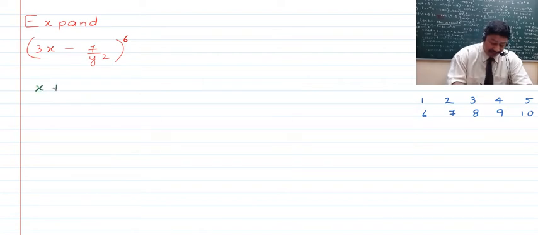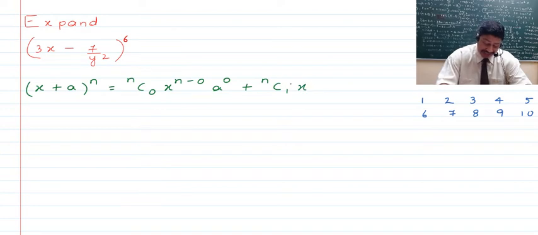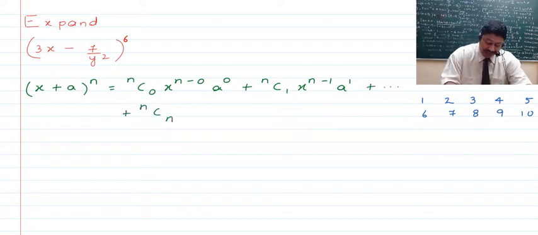That is, if we have some x plus a raised to the power n, then that is going to become equal to nc0, the first term raised to the difference of the superfix and the suffix, that is n minus 0, and the second term a raised to the power number which is there in the suffix, that is 0. To that then we add nc1, which is the next binomial coefficient, multiplied with x, that is the first term, raised to the power the difference of the numbers in the superfix and the suffix, and further the next term a raised to the power the number which is there in the suffix, that is 1, and all of this, children, continues up to the last term, which is going to be ncn, right?